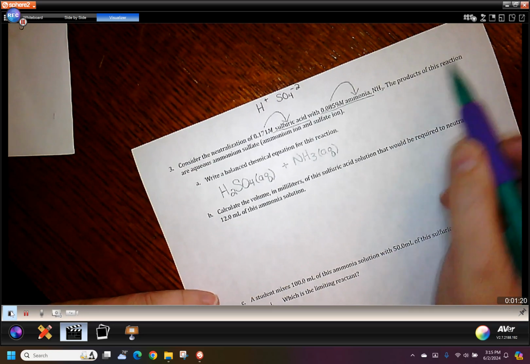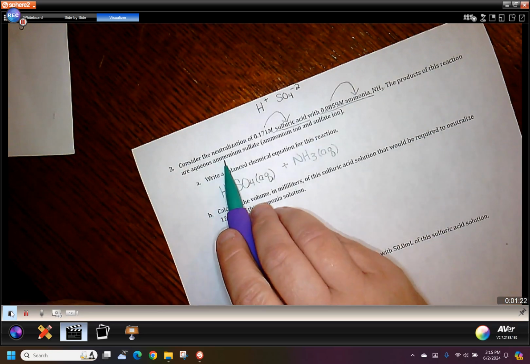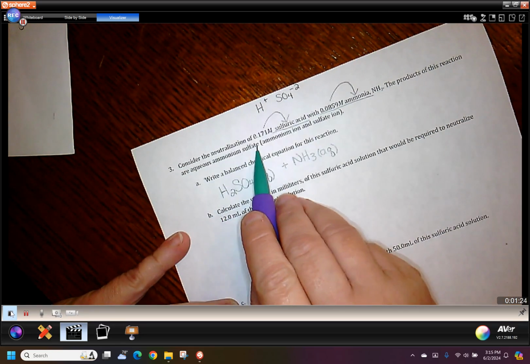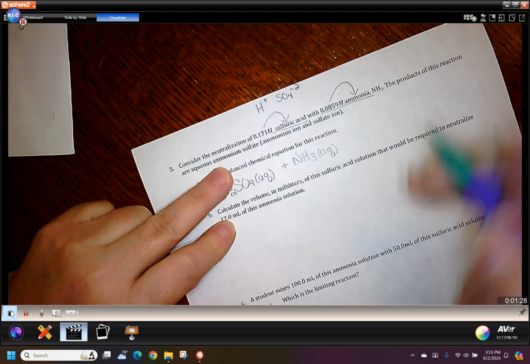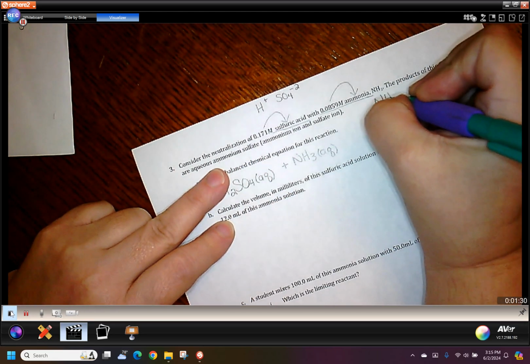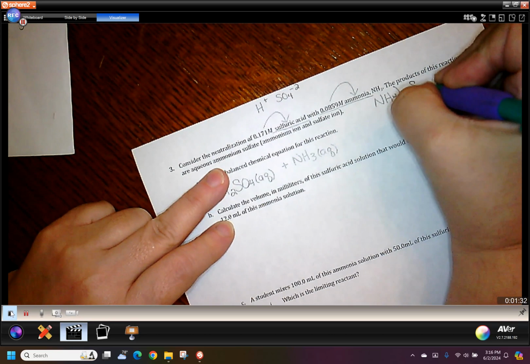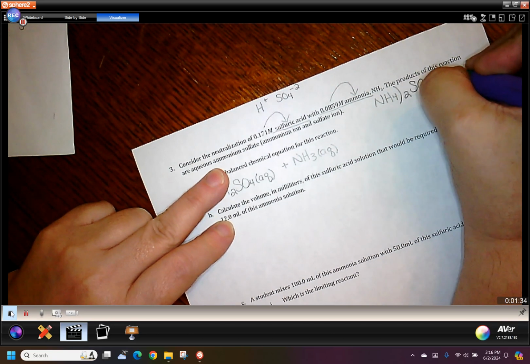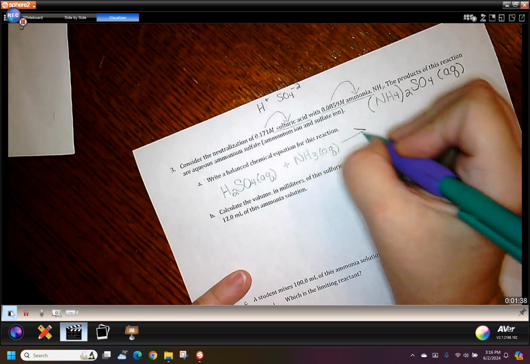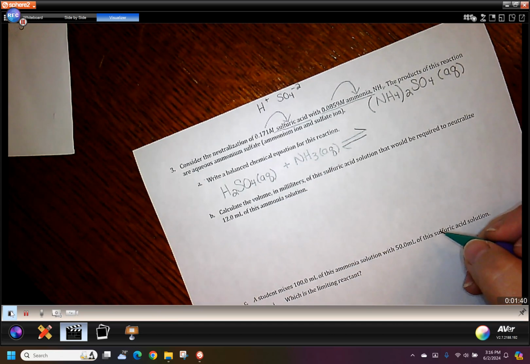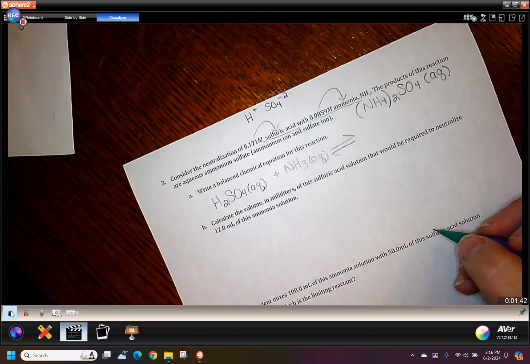The product of this reaction is aqueous ammonium sulfate. Oh, wait a second. Let's go backwards, right? Well, let's write that. So that's NH4 2SO4. And that's aqueous. Okay? Well, I know that aqueous ionic compounds dissociate 100%.